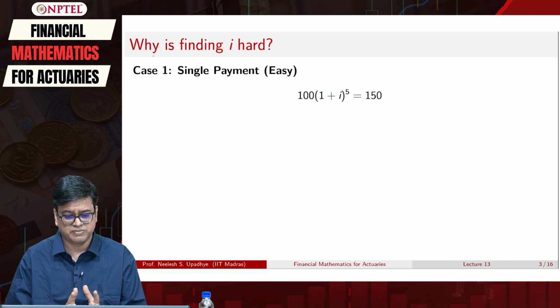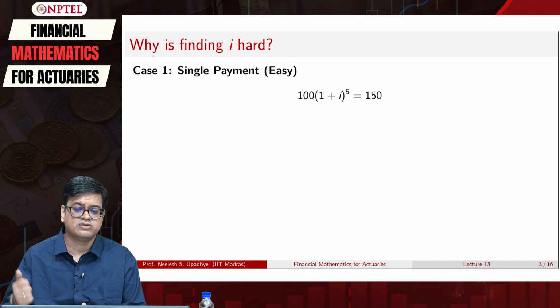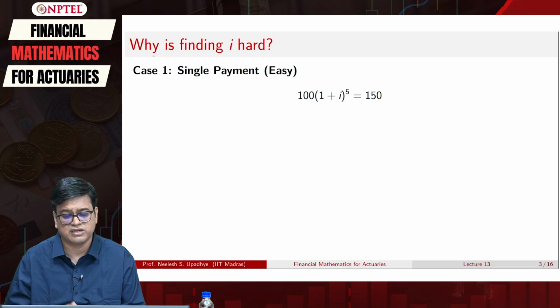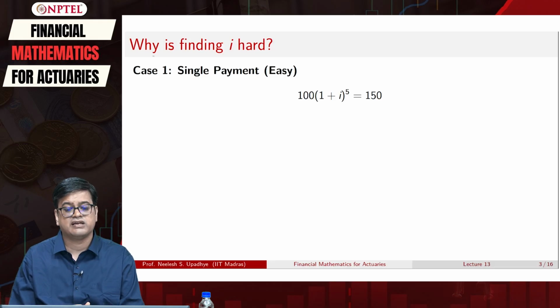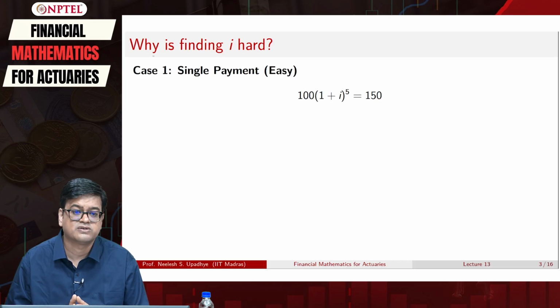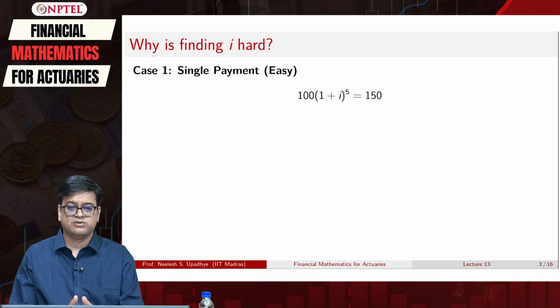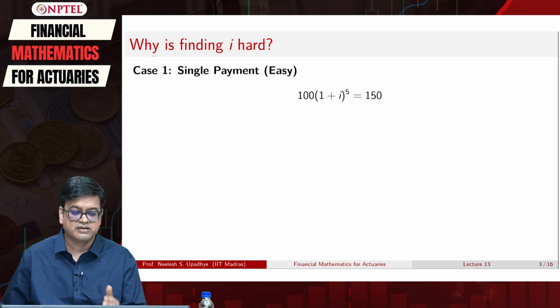Let us look at the simplest case where I know the present value, I know the future value, and I know the period. So 100 times (1 plus i) raised to 5 is equal to 150. No brainers here, you can easily find i by reverse engineering.